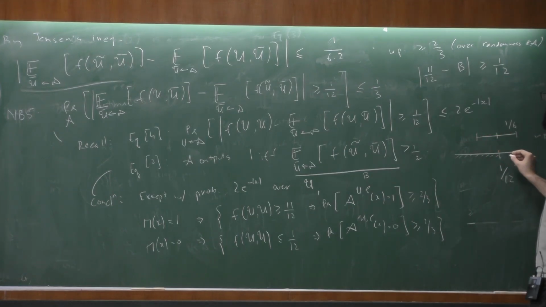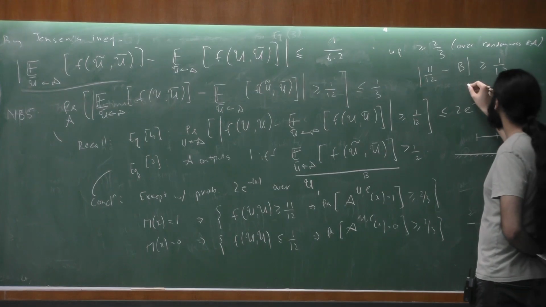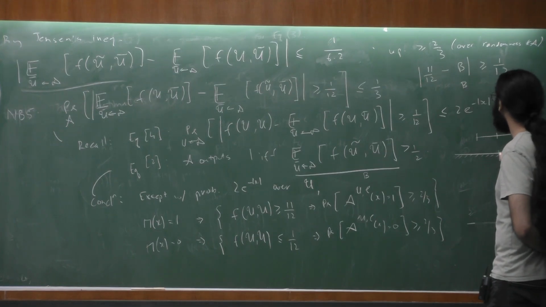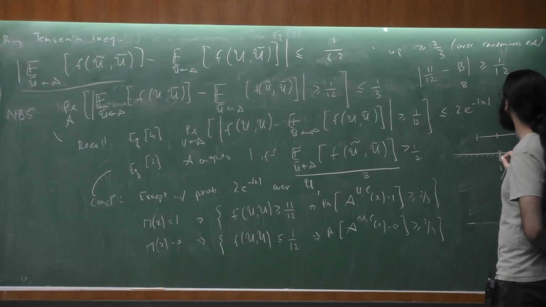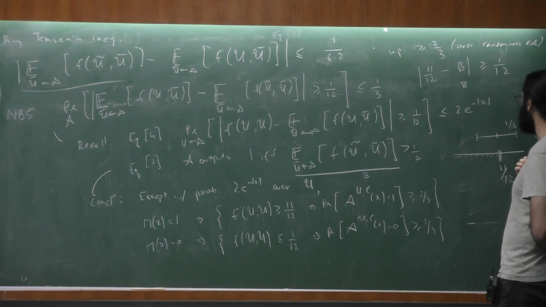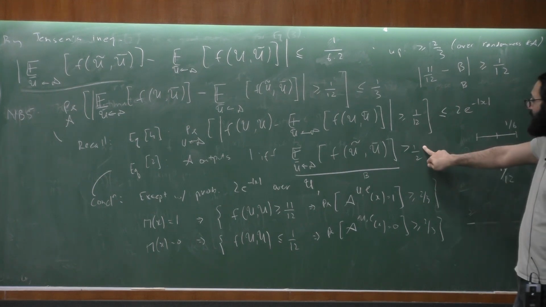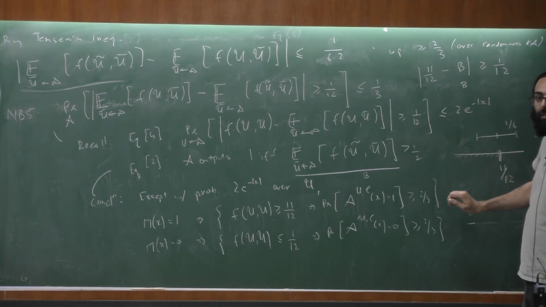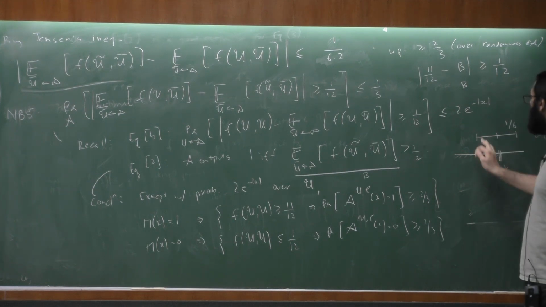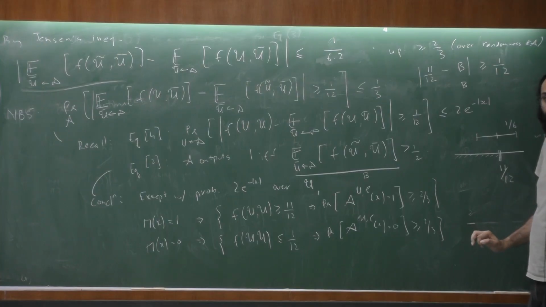Then all you have to do is argue that this B, so you're at 11 by 12 or 1 by 12, and you have to be 1/6 around it in order to exceed this quantity, and that happens with probability 2/3, so this should follow.